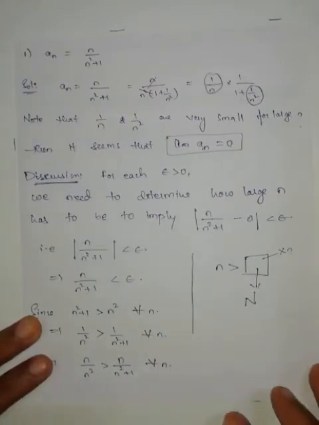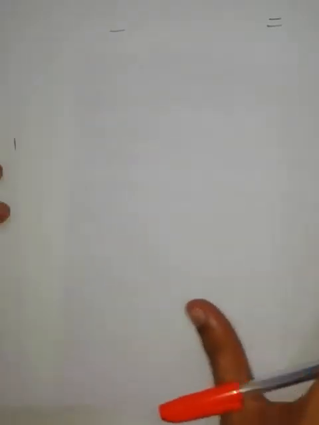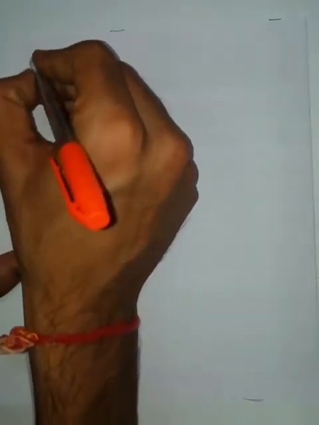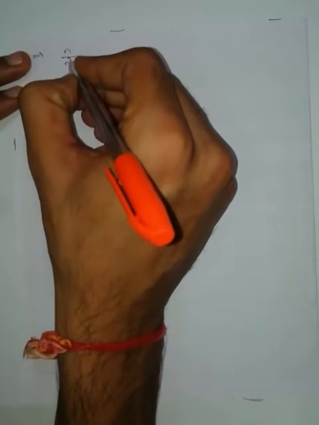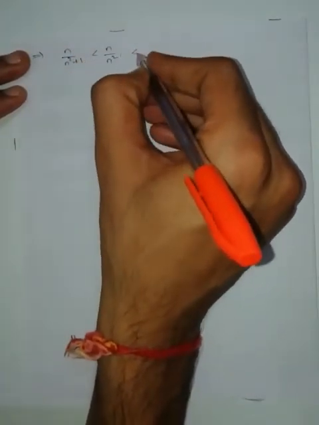Now consider, then n by n square plus 1 is less than n by n square, and consider now this one is less than epsilon.